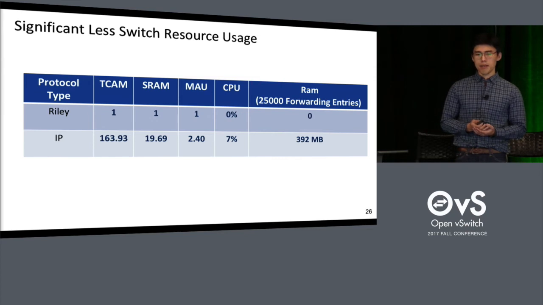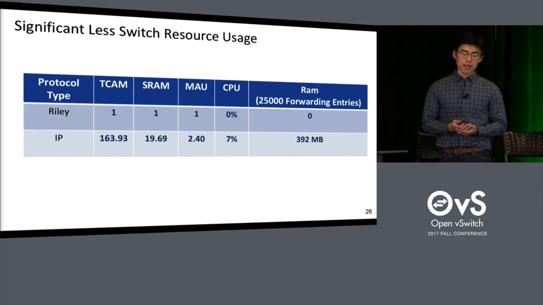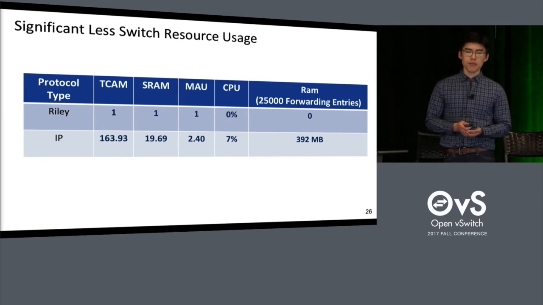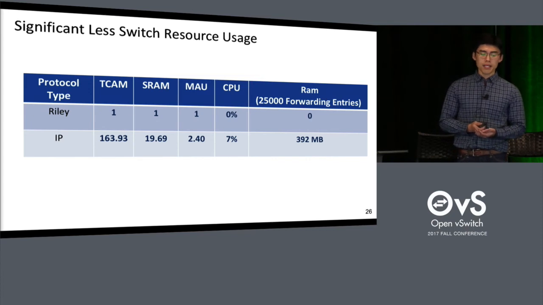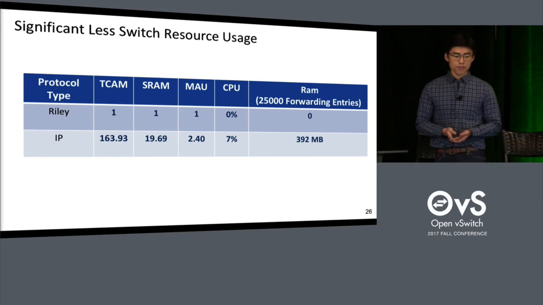That's about the maximum that a hardware switch might support. The TCAM, SRAM, and match action unit numbers are normalized. But as you can see, running IP protocols consumes 2 to nearly 170 times more resources overall.